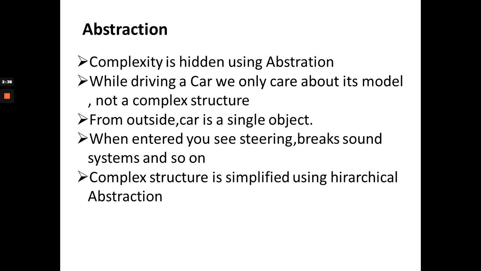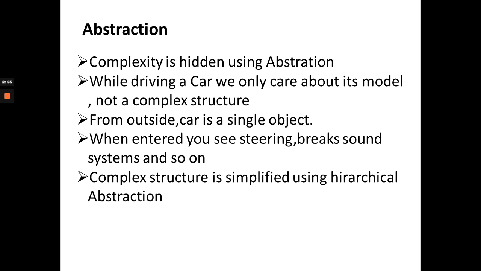Car is a single object. From outside, the car is a single object, and when you enter, you can see its steering, brakes, sound systems, seats, and every object that is inside the car when you open the door.